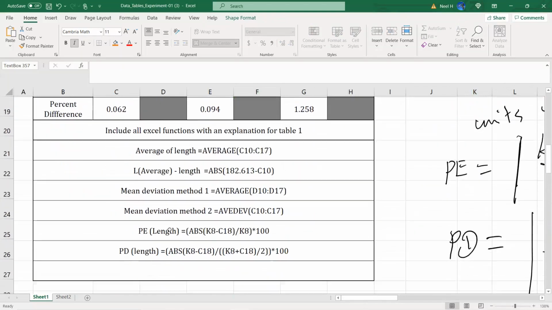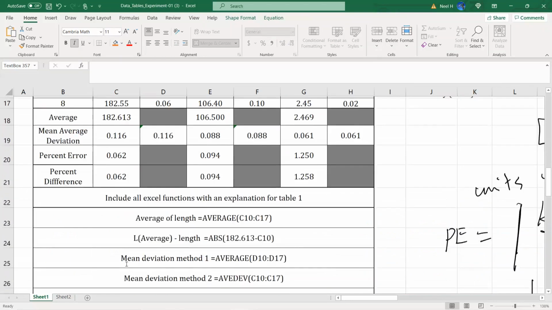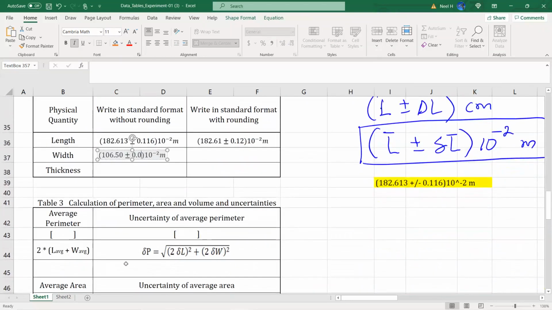So what's the width? 106.50 plus or minus. Error is about 0.088, and multiply by 10 to the negative 2 meters. That's good.